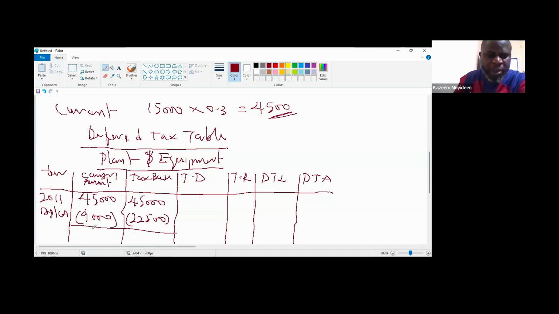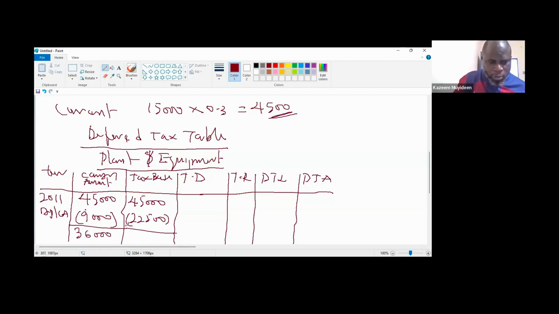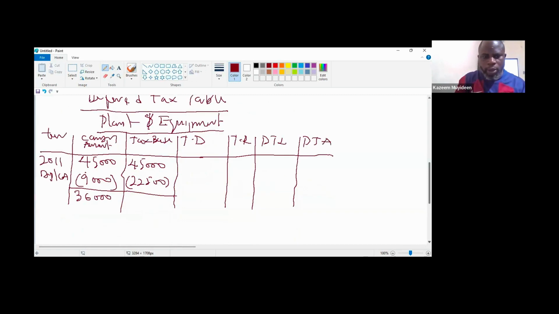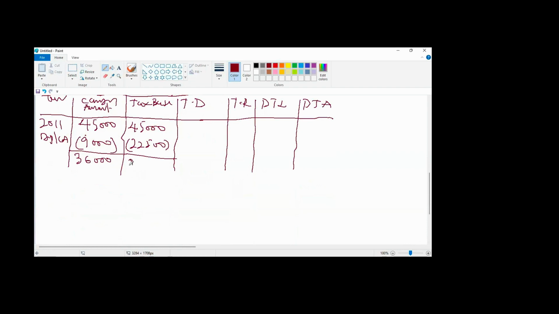This will now give 45 minus 9,000, 36,000. 45 minus 22,500, 22,500.